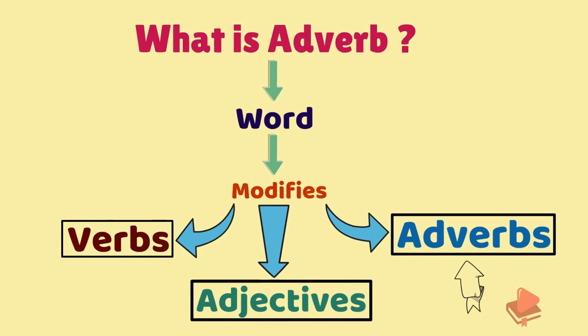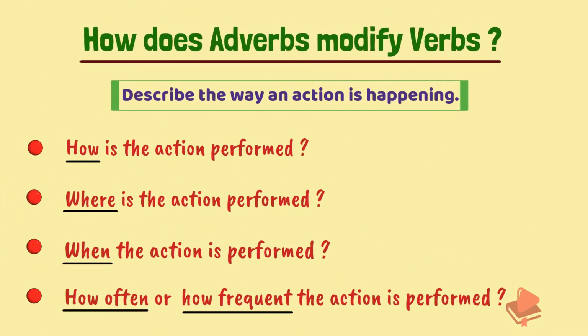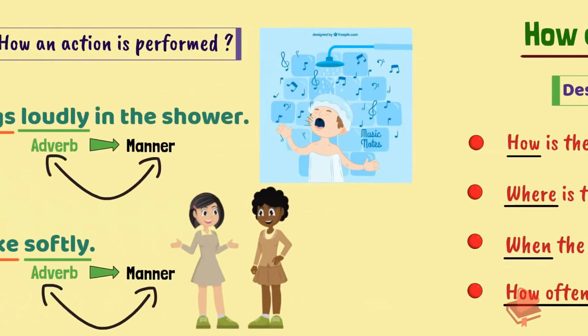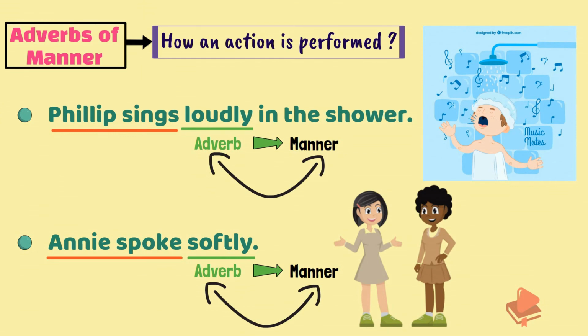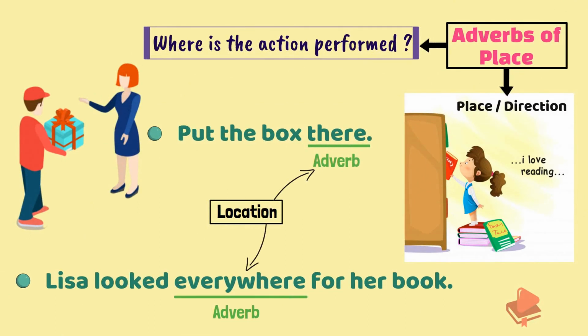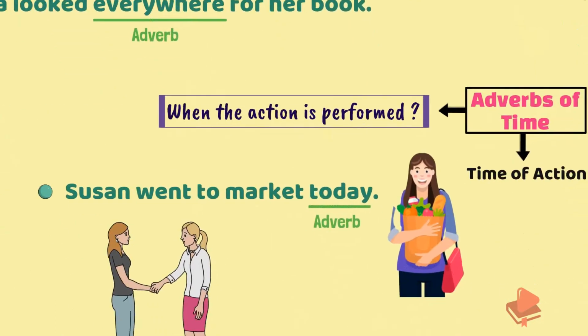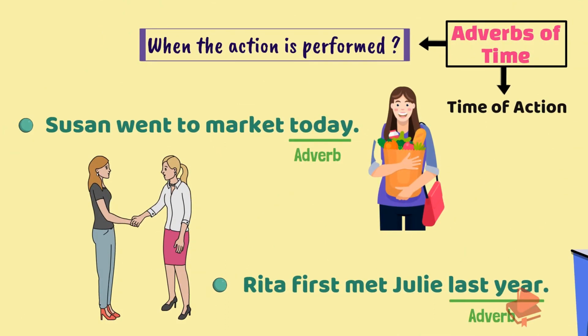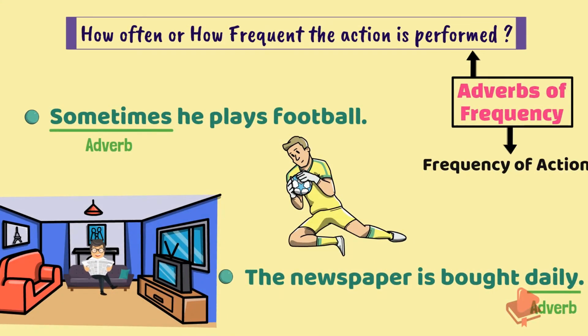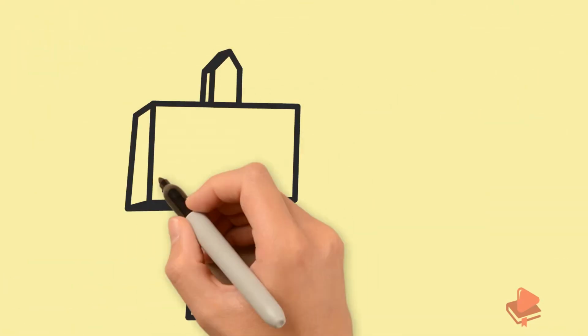Depending on the way in which an adverb describes an action or verb, they are further divided into four types: adverb of manner, which describes how an action happened; adverb of place, which describes where an action happened; adverb of time, which describes when an action happened; and adverb of frequency, which describes how often an action took place. Remember, these are the four types of adverbs.